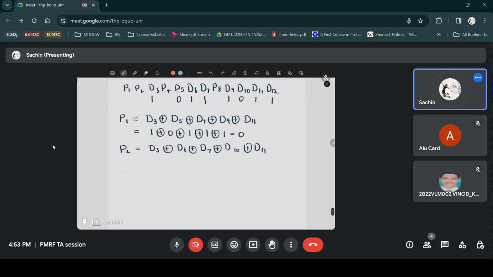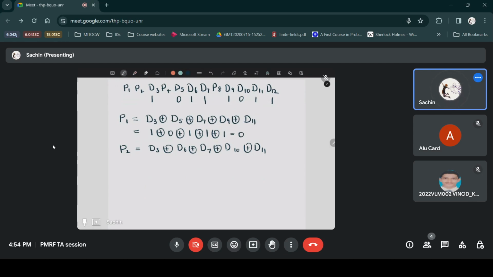That means 3 can be represented as 0011. So this is the ones position. So there's a 1 here. In 5 there's a 1. In 7 there's a 1. In 9 and 11 there's a 1 in the ones position in all these numbers. So only those digits will be XORed for P1.